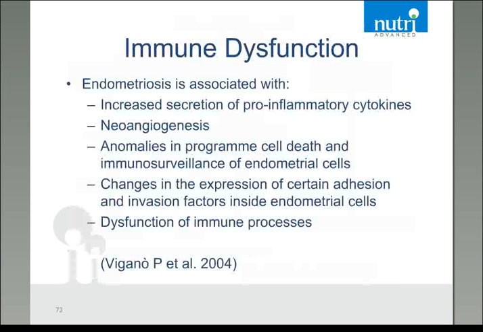And here's just another diagram for you. Endometriosis is associated with increased secretion of pro-inflammatory cytokines, neoangiogenesis, abnormalities in programmed cell death and immunosurveillance of endometrial cells, changes in the expression of certain adhesion and invasion factors inside the endometrial cells, and dysfunction of immune processes.